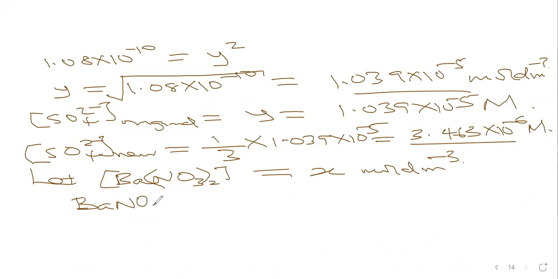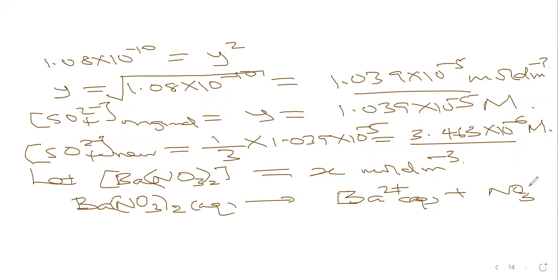Remember, this is treated as common ion effect. I've already done an example about calculations involving common ion effect. Being a strong electrolyte, it completely ionizes to give us barium ions and nitrate ions, two of them. So if its concentration is X molar, this will be X molar, this will be 2X molar.